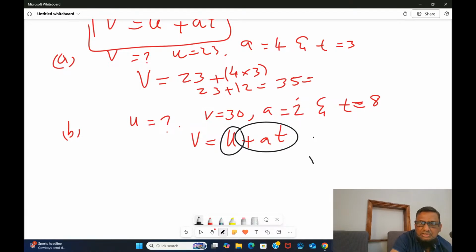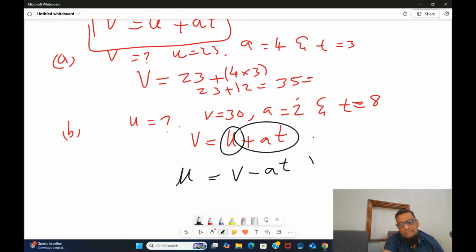If I move this to the other side, it's very simple: v minus 80 equal to u. So I make u the subject, I isolate the u.